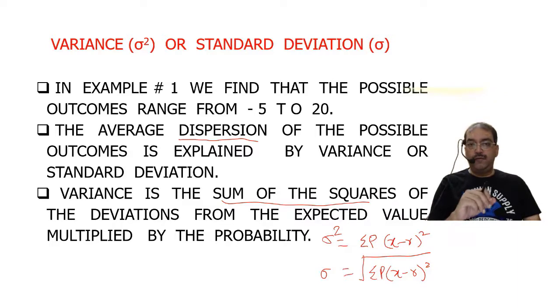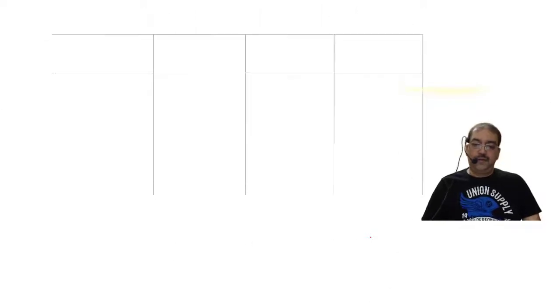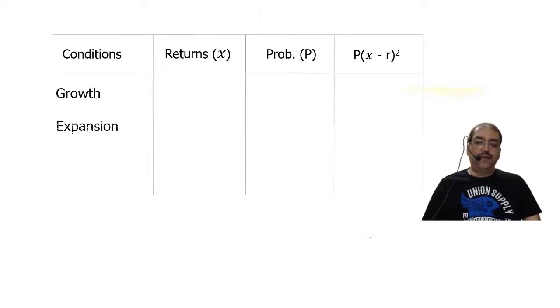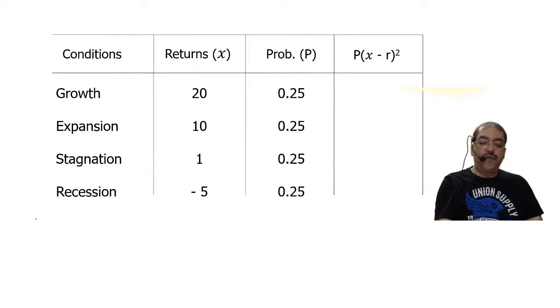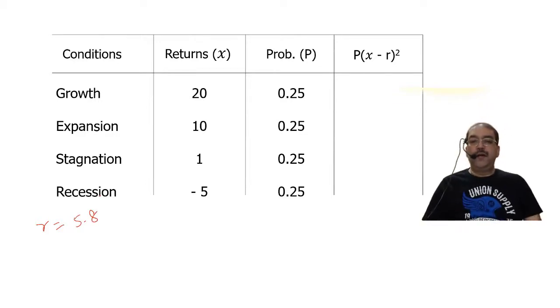How is this going to work? Let us see with the same example. I'll take the same data and calculate. Four conditions: growth, expansion, stagnation, recession. Returns are also given to me: 20, 10, 1 and minus. So I'm taking the same data, with probabilities 0.25, 0.25, 0.25, 0.25. Now I had got the value of R over there, 5.8 or whatever it is. That particular value, I will subtract from each of these values. So 20 minus 5.8 the whole square.